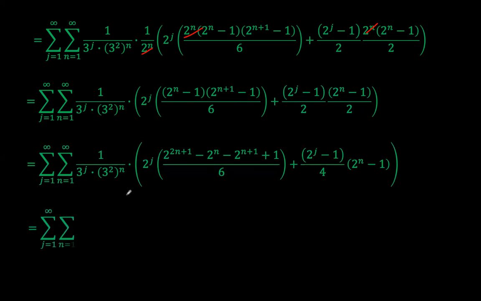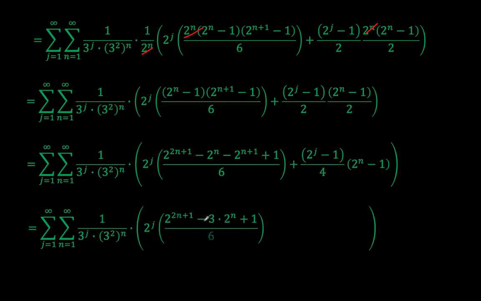We can now obviously simplify this further because this is 2 times 2 to the power n, so this becomes minus 3 times 2 to the power n plus 1. The next step is to take this 9. 3 squared to the power n is the same as 9^n, so we want to multiply that across. Okay.